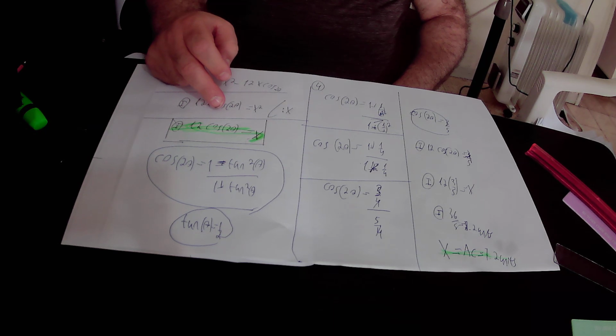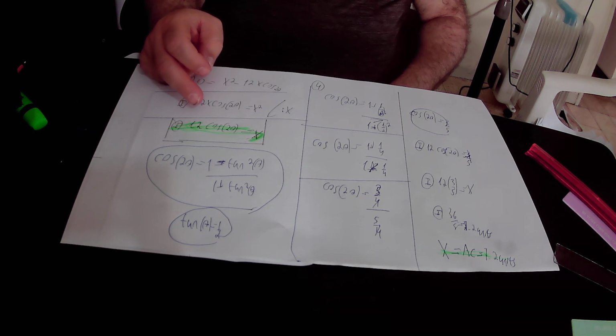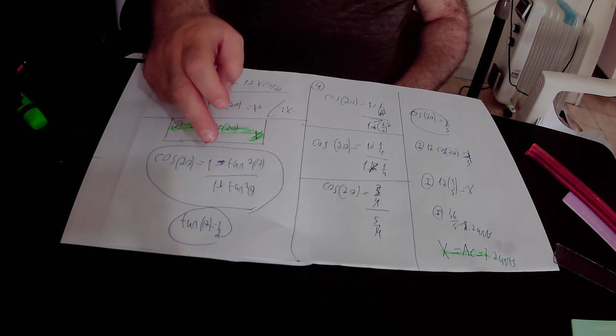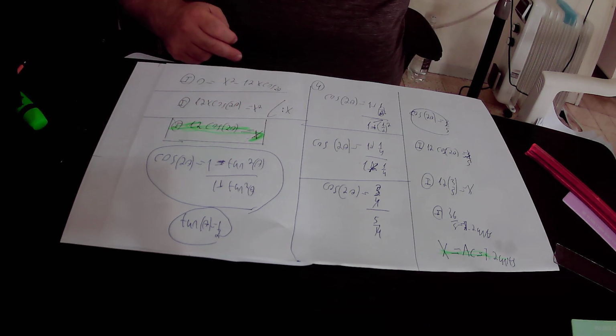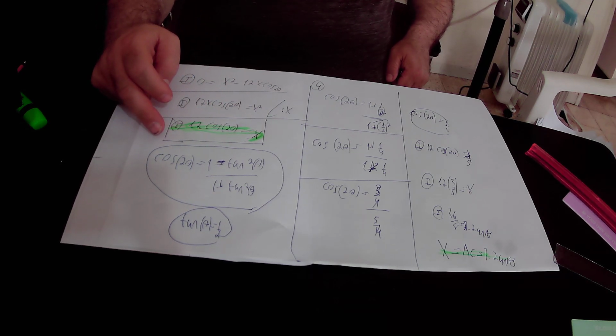To find the value of cosine 2 theta, I presented to you the trigonometric identity: cosine 2 theta equals 1 minus tangent squared theta over 1 plus tangent squared theta. We have already found that tangent theta equals 1 half, so we can substitute tangent theta in this identity by 1 half.